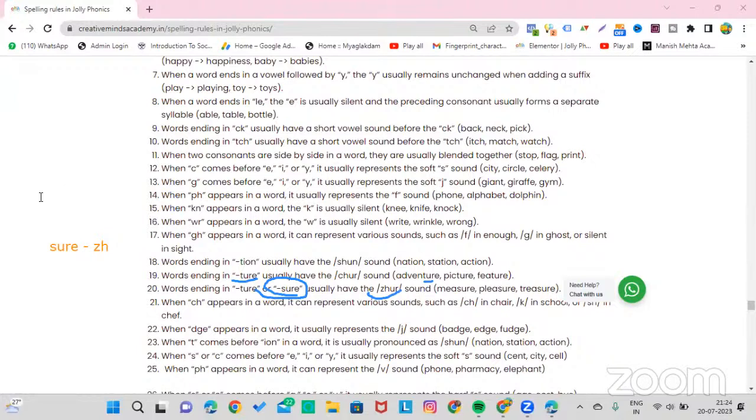When S is surrounded by vowels, that means after S there's a vowel and before S is also a vowel.